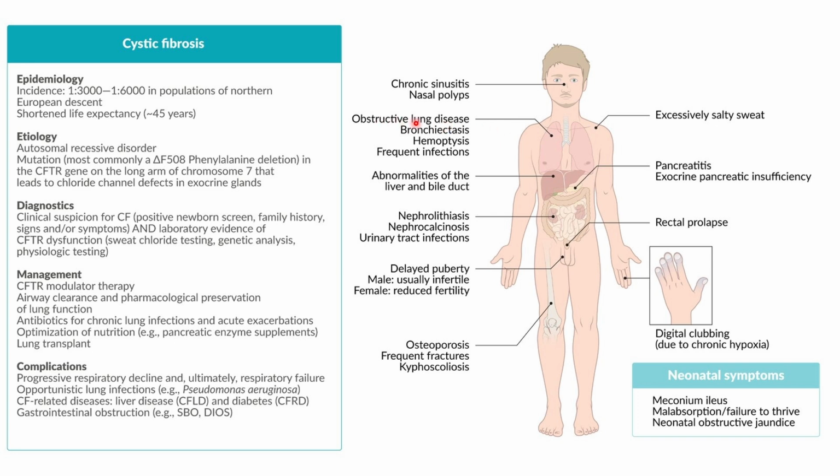In the lung, we will have obstructive lung disease, nasal polyps, salty sweat, pancreatitis, and we'll get diabetes from it as well, rectal prolapse, and digital clubbing, and we spoke about everything here.